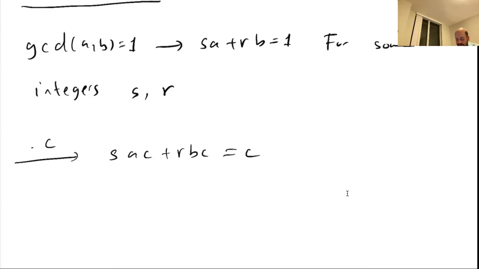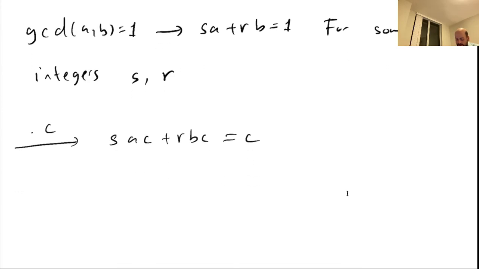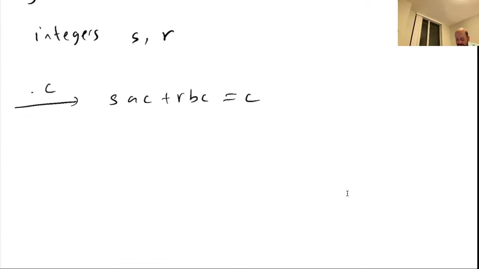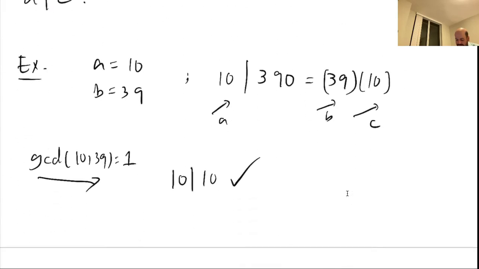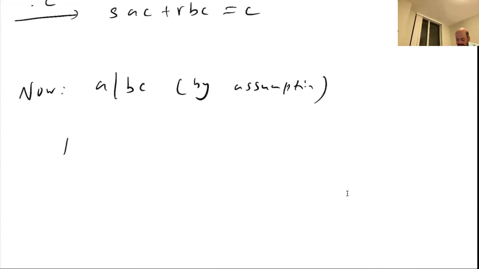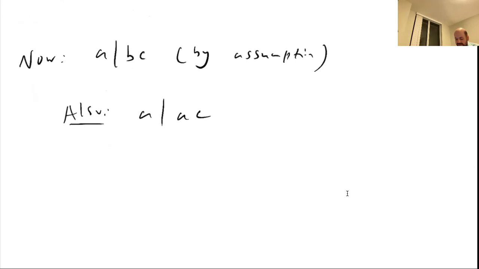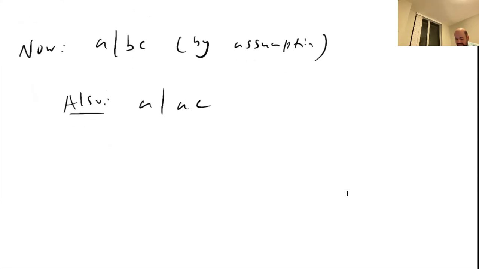Now, what do I know about A? I'm assuming that A divides BC, right? So A divides BC by assumption. What else do I know? Also, A divides AC, because A is a factor of AC. So now A divides BC and A also divides AC.